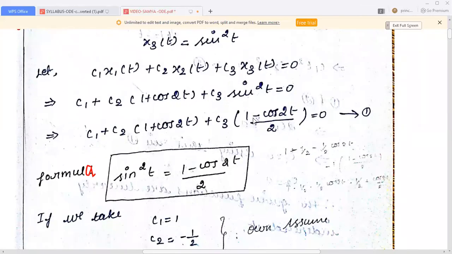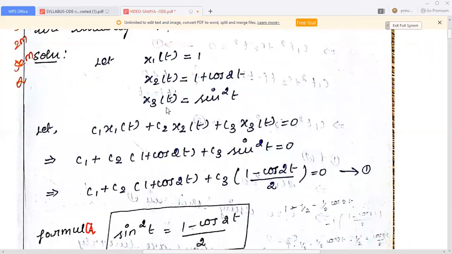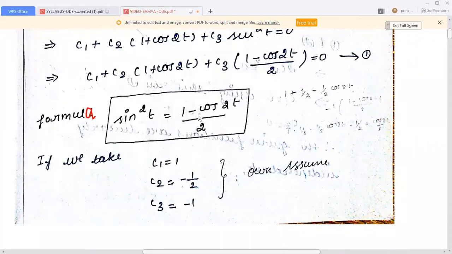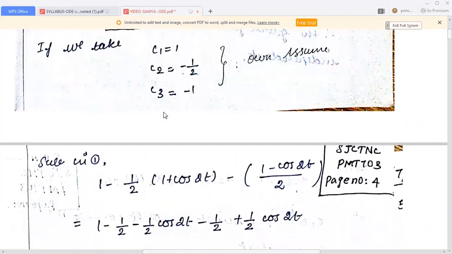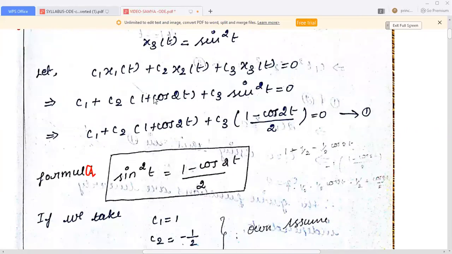Here sin square t can be written as 1 minus cos 2t by 2. So this is the formula for sin square t. Here, if we take C1 equal to 1, C2 equal to minus 1 by 2, and C3 equal to minus 1, and substitute these values in equation number 1, then the linear combination will be satisfied.